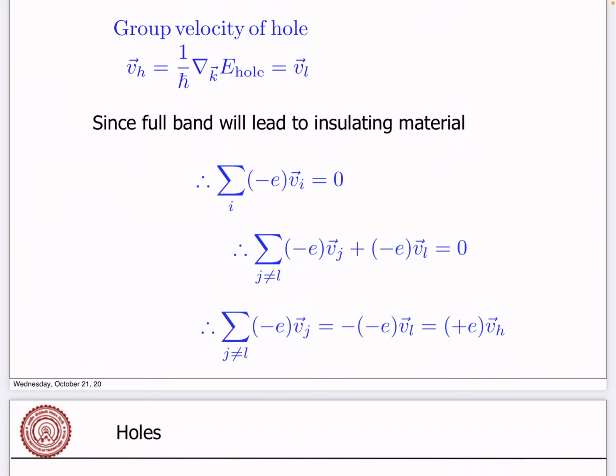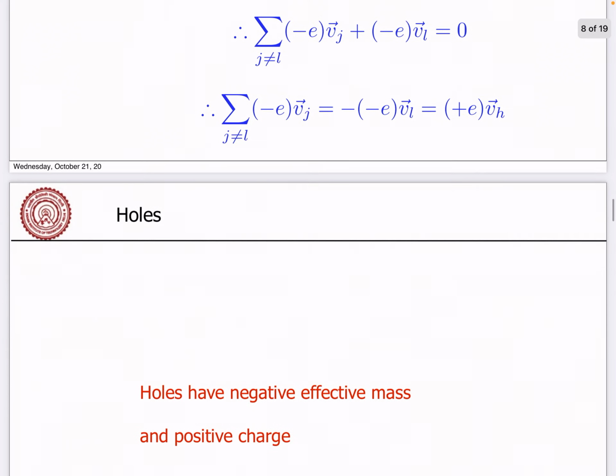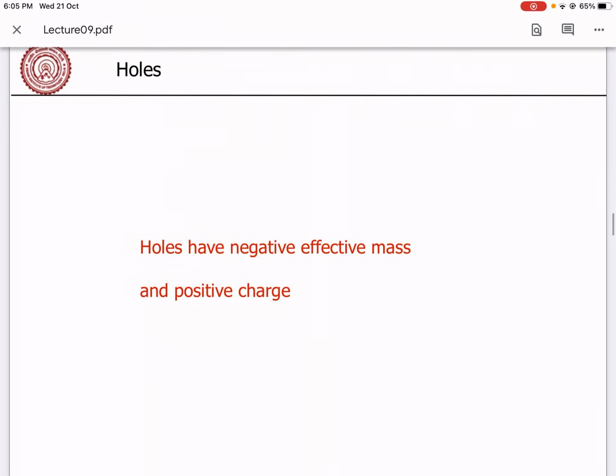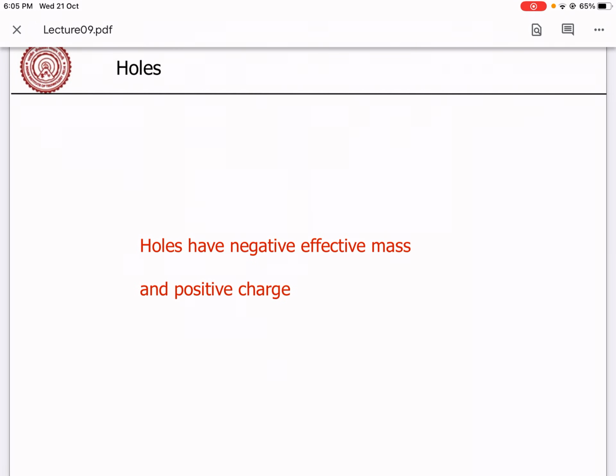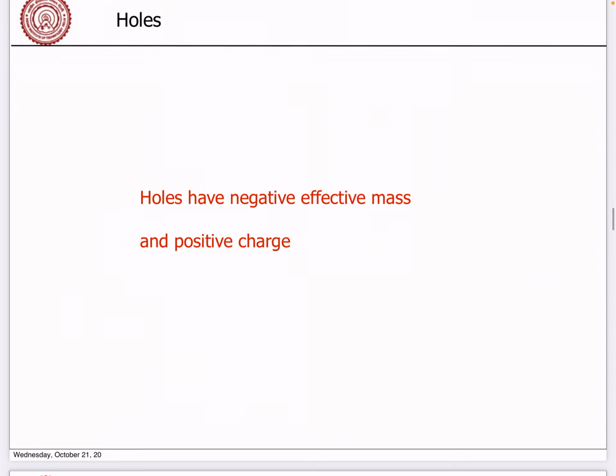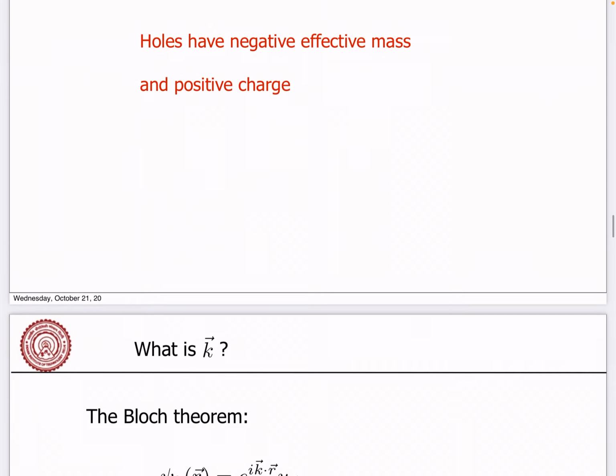So therefore what we see here is that the holes have negative effective mass but positive charge, right? Is it clear? So plus e is the charge of the hole and v_h is the velocity of the holes. What we are proving here is that we have found a new concept of holes, which have negative effective mass and positive charge. Okay, all right. So this is about the holes and their relation to the band structure.